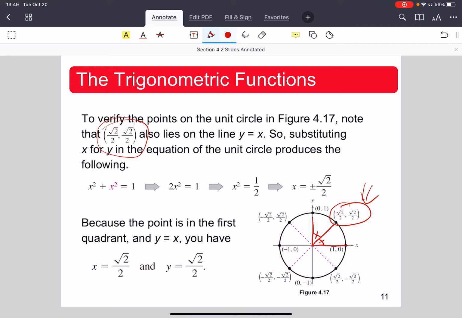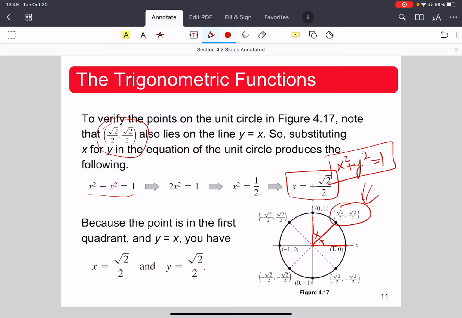So it should lie on y equals x. So substituting x for y in the equation of the circle, which you may remember, x squared plus y squared equals 1, this is the equation for the unit circle. You can replace y with x and realize that x is going to be square root of 2 over 2. And because x and y are the same, then it is square root of 2 over 2, comma, square root of 2 over 2. There's other ways of figuring this out.